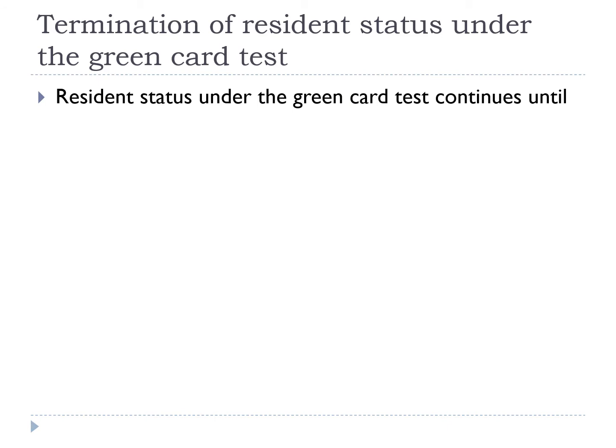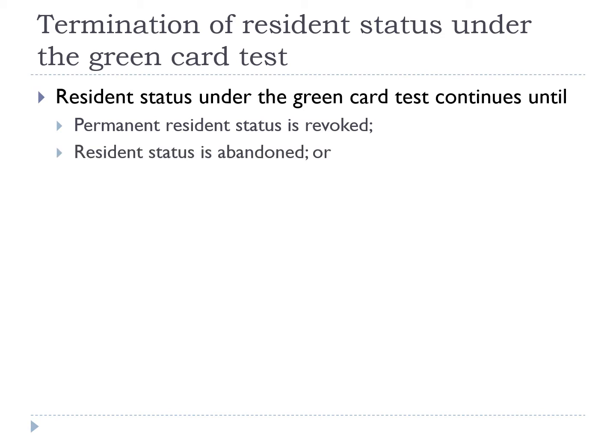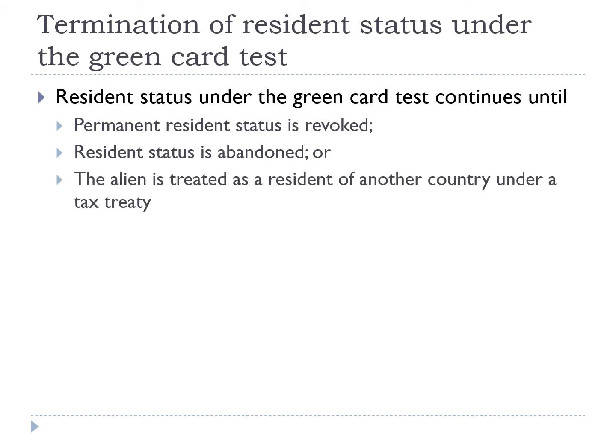Once this test is met, the person remains a U.S. resident until permanent resident status is revoked, such status is administratively or judicially determined to be abandoned, or a person commences to be treated as a resident of a foreign country under the provisions of a U.S. tax treaty with that country, and then notifies the IRS of the commencement of such treatment without waiving the benefits of such treaty that are applicable to a resident of a foreign country.